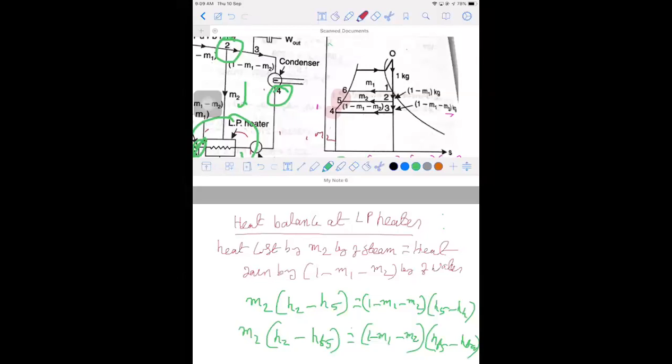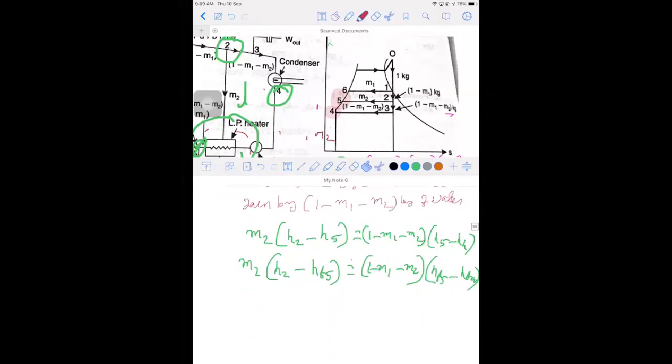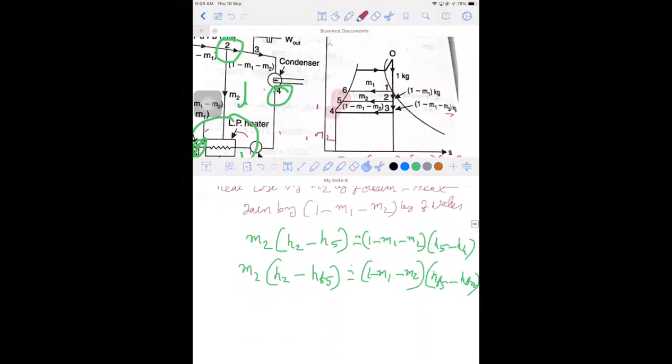Here you people are supposed to get some clarity. Why is H5 made HF5? H5 is equal to HF5 plus X5 HFG5.